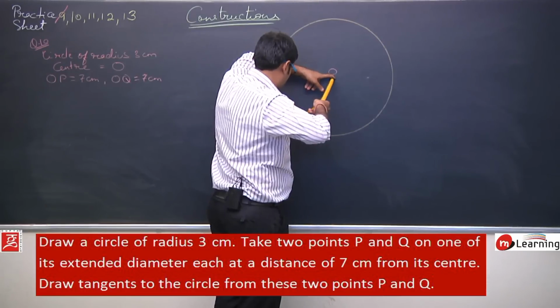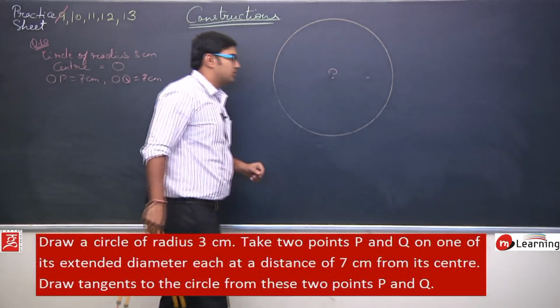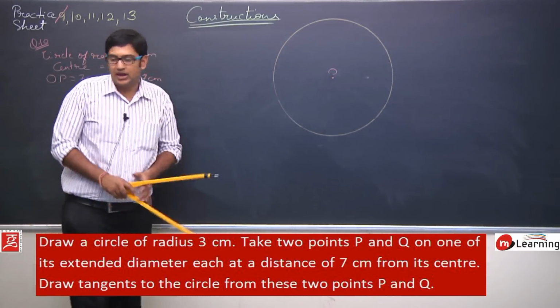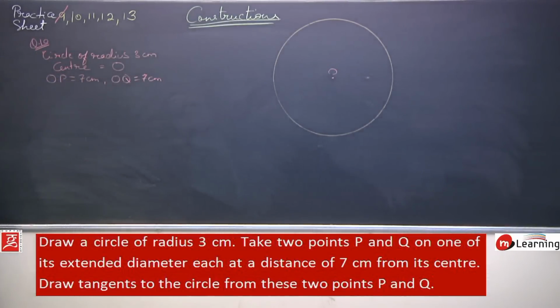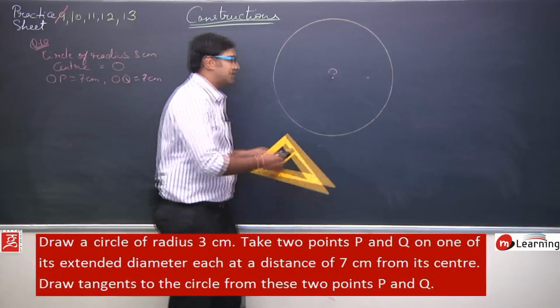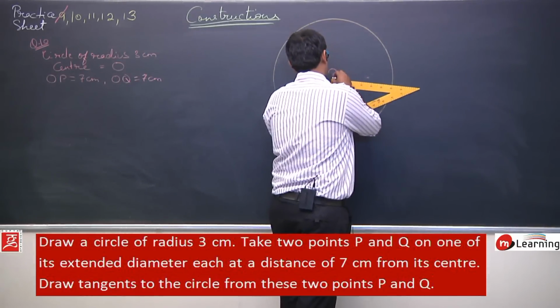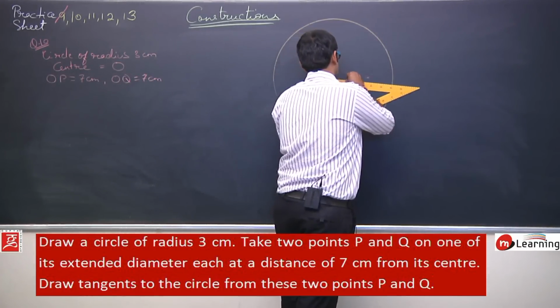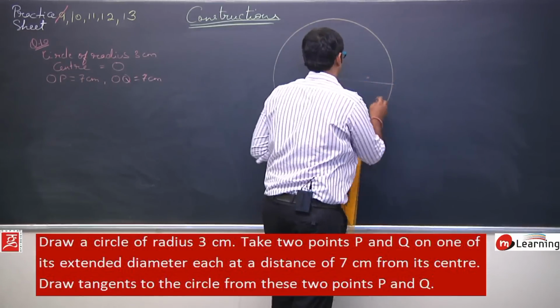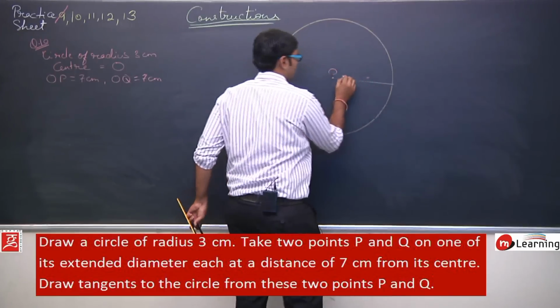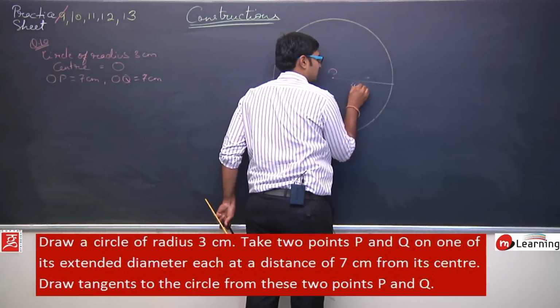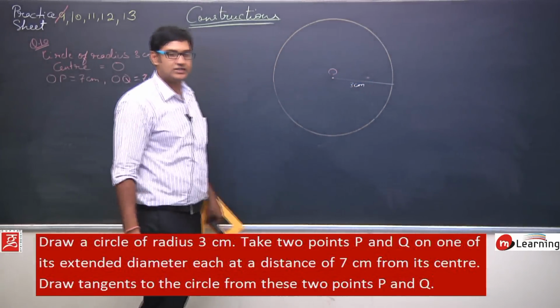This is the circle with center O, and the radius of this circle is 3 centimeters. So I will mark the radius as 3 centimeters.